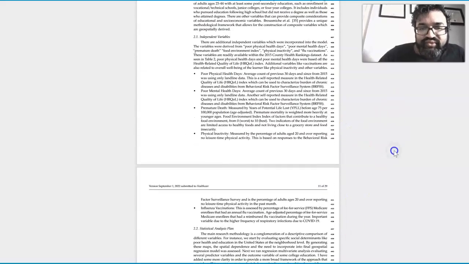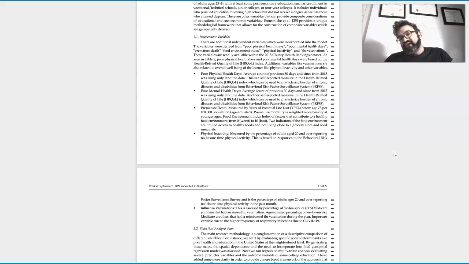So just going through some of the variables that we focused on within the model, and this was properly vetted through the literature review and what was theoretically making sense. If a person feels sick, then they have poor physical health days, more so in the previous 30 days, and that would mean that they would potentially miss education.